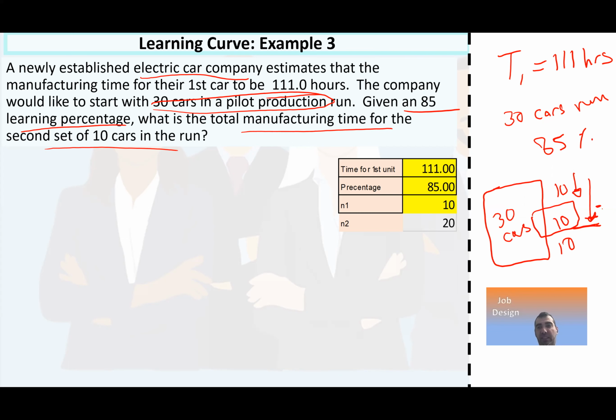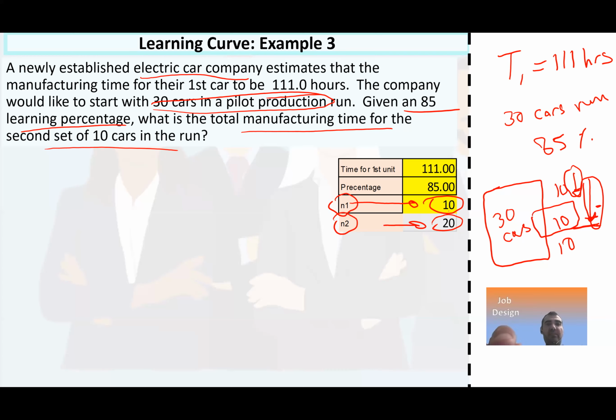So we look at the total number of hours for the first 20 cars and subtract from it the total hours for the first 10 cars, and that gives us the second set of 10 cars in the run.